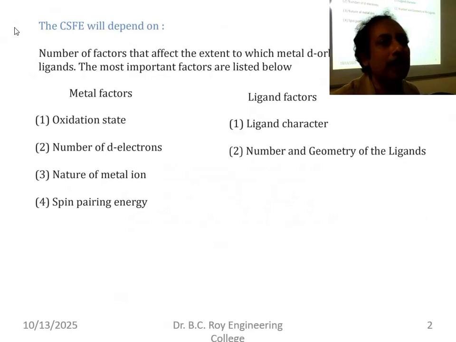If you have more ligands and they are very clumsy, big, bulky molecules, then the interaction will be very high, na? In between the ligand system, the interaction will be so high that further ligands cannot approach. So that will strain the geometry also. So the number and geometry of the ligands also changes the CFSE.